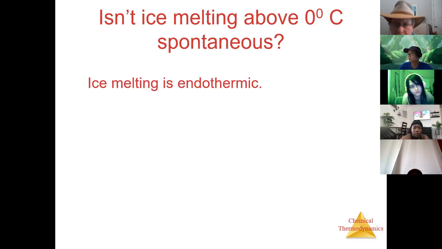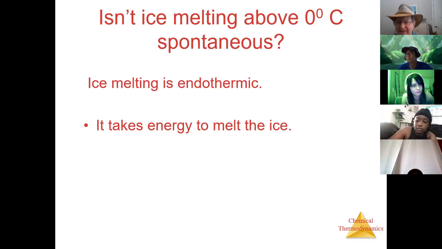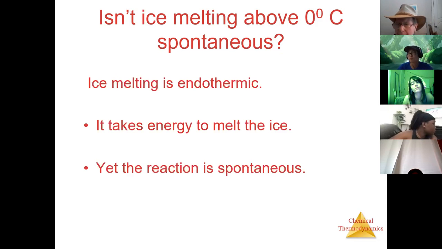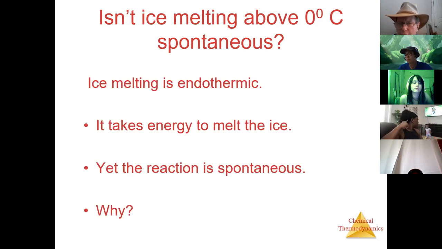It's an endothermic process in that it is absorbing energy to go to water. It takes energy to do that, yet it's spontaneous. Ethan didn't want to move from the couch to take out the garbage, but he did it because there was something else out there that was making him do it.